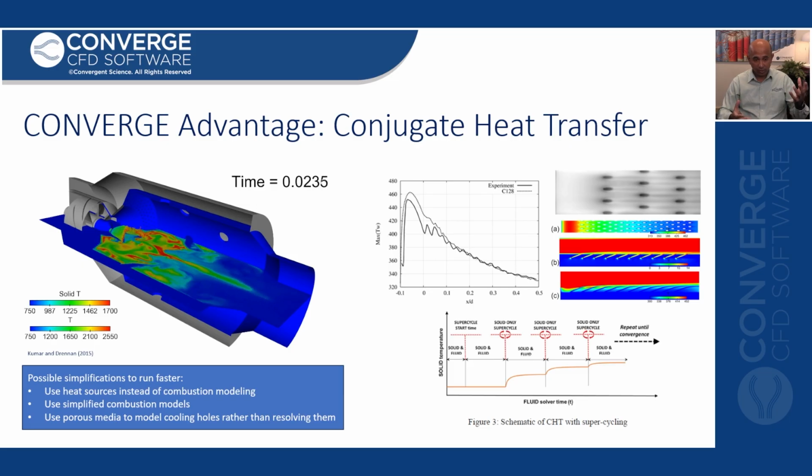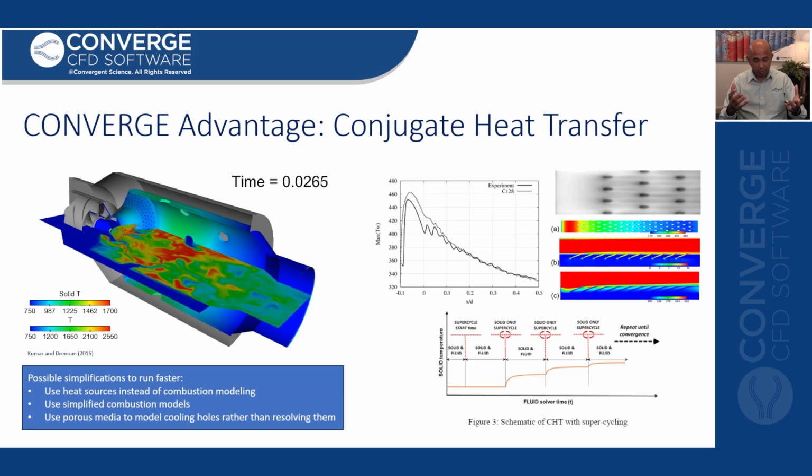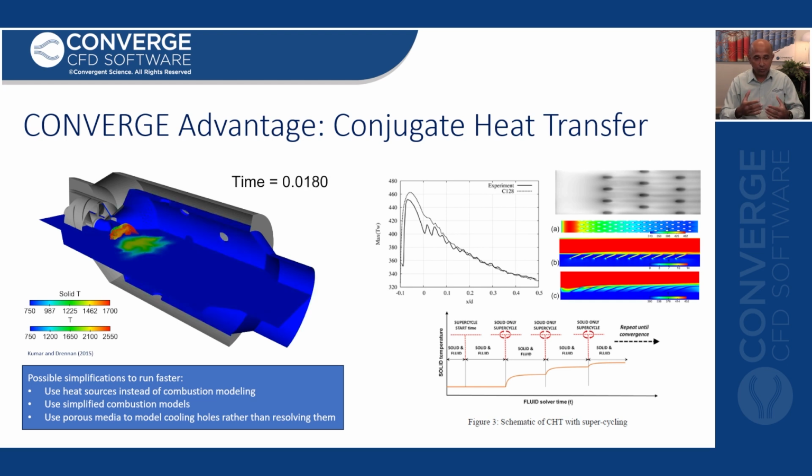Remember, I was talking about accurate simulations and faster simulations. If you want accuracy, you can simulate the entire metal, give all the solid properties correctly, and as combustion is going on, the metal temperatures would increase. If you want simplified simulations, you can use heat sources or simplified combustion models to get to the metal temperatures quickly.